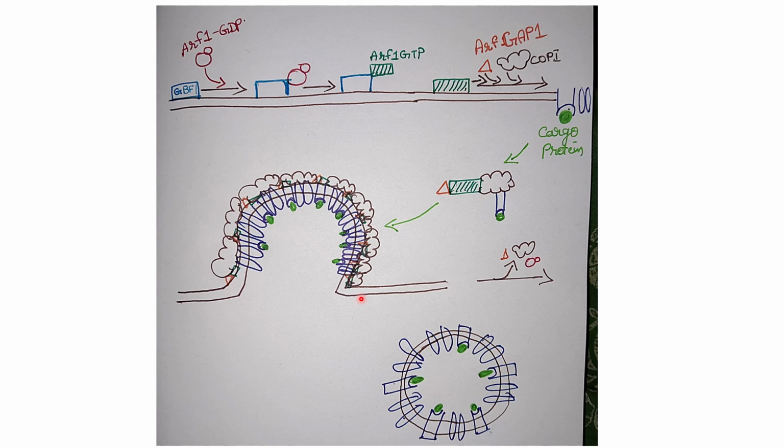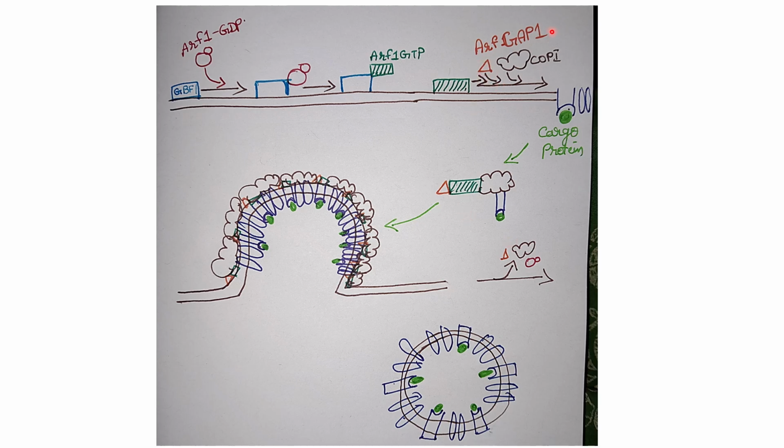Now once this vesicle formation is completed, ARF1 GTP will hydrolyze its GTP to GDP. With that, what will happen? The complex will be broken.